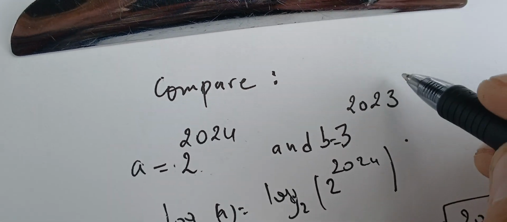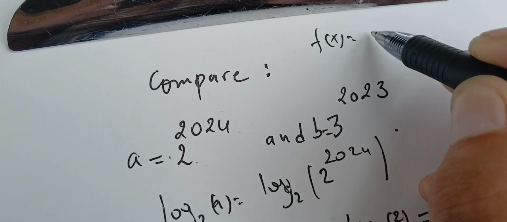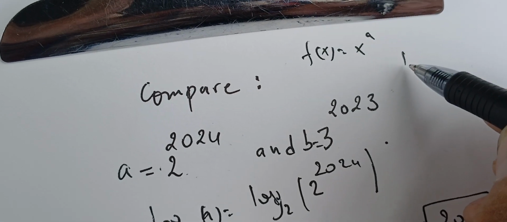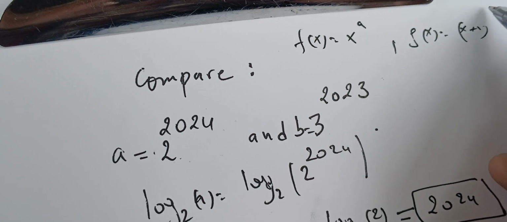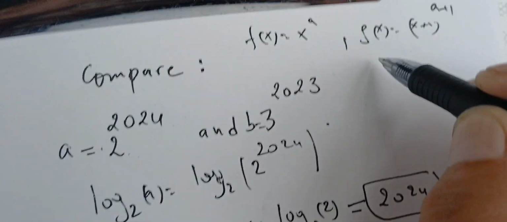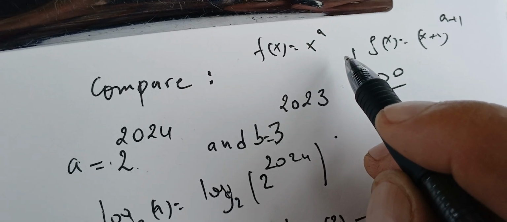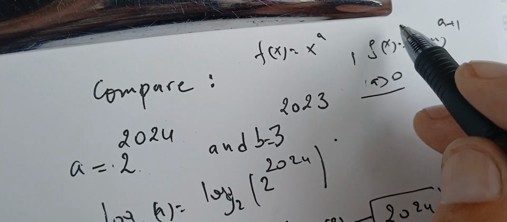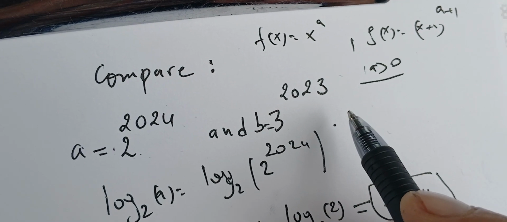So here we can define our function as f of x is x to some power a, and g of x as x plus 1 to the power a plus 1, with a positive. And we study these two functions here. We define the domain and we study them. Sometimes we compare a over b. That's a good way too.